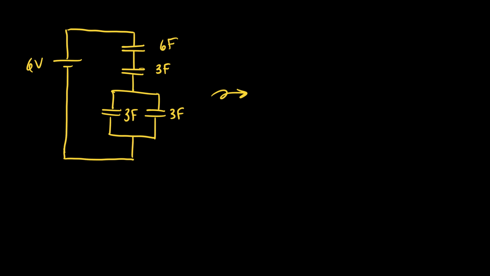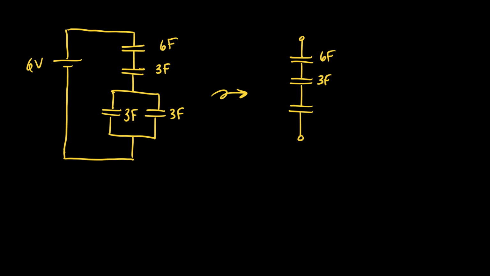So let's make the parallel element simpler. I'm going to redraw the circuit, and the shrewd among you realize you can probably do multiple steps at once. I'm not going to today. I'm going to just take that parallel element and reduce it, and then I'll come back to those two that are in series.